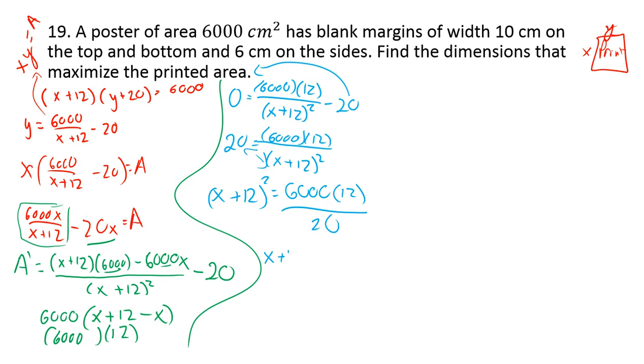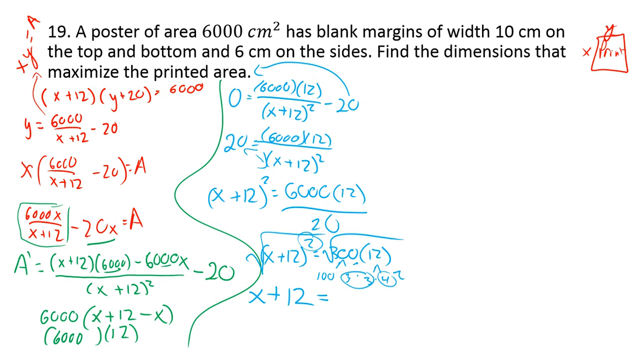Reduce, getting us x plus 12 squared is equal to 300 times 12. To get rid of the squared, what do we do? We take the square root. This looks like it's going to come out as a nice number, which will be x plus 12 is equal to the square root of 300 times 12, where 300 breaks up into 100, which is a perfect square, times 3, and 12 breaks up into 3 times 4, which is a perfect square, which would be 2.